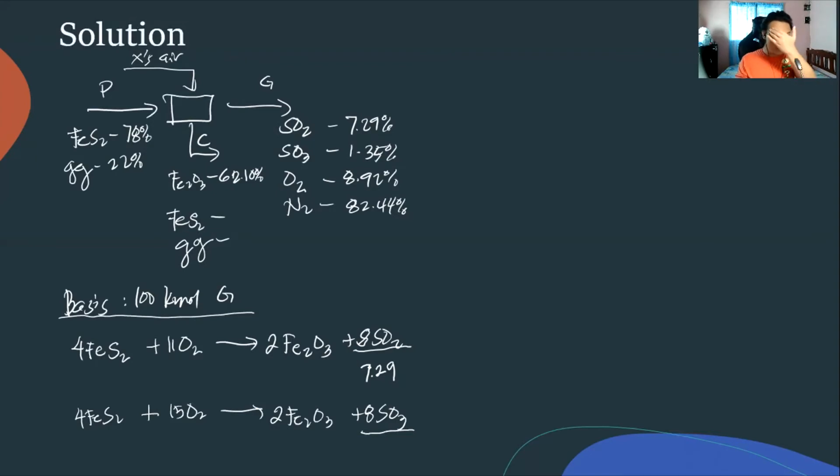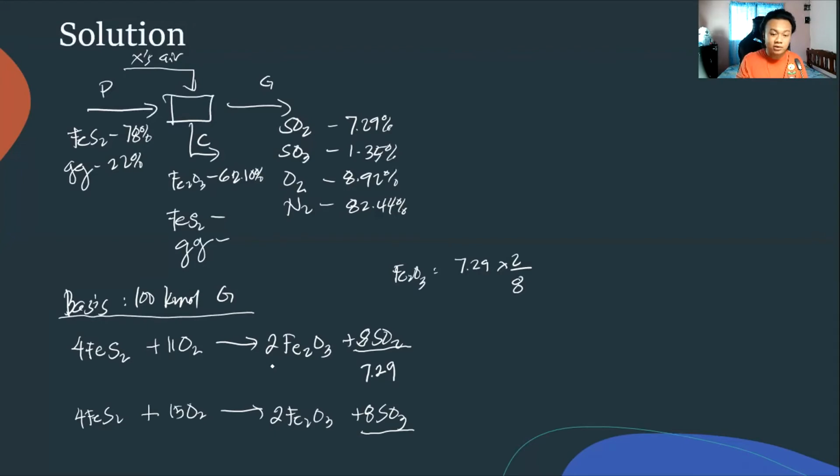And then if you want the amount of Fe₂O₃, just divide this by 8 and then multiply it by 2. So for example, Fe₂O₃, you want to get that, you have to take 7.29, multiply that by 2, divide by 8.